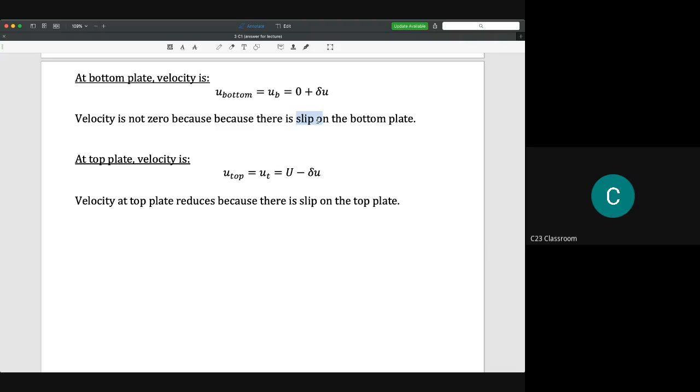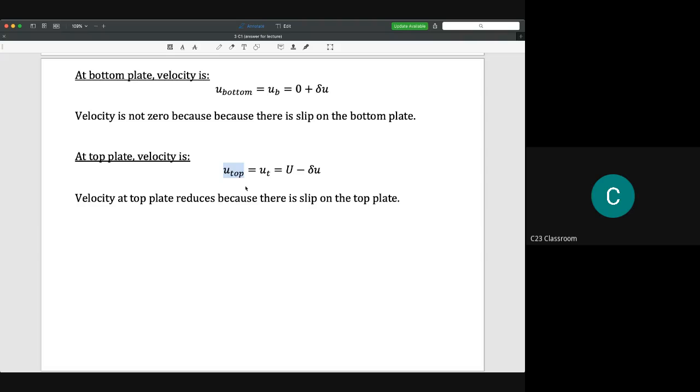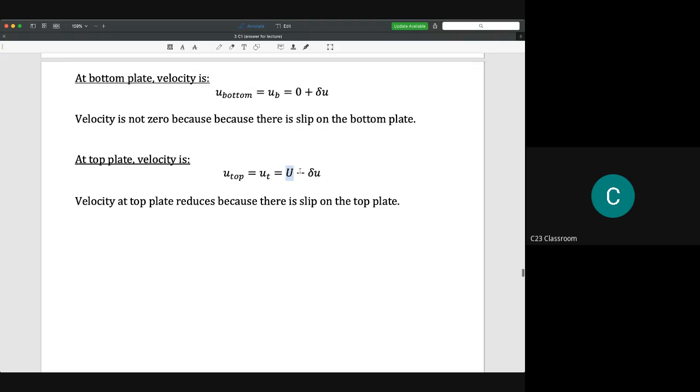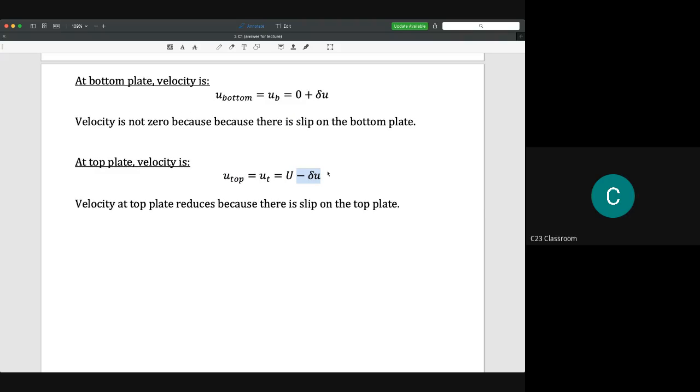So if the wall moves at U velocity per second, the molecule itself also slips on the surface by delta u. Because we assume that the direction of velocity for the wall and the molecule is the same, we take the relative velocity. That's why the velocity for the molecule at the top is now equal to capital U minus delta u.